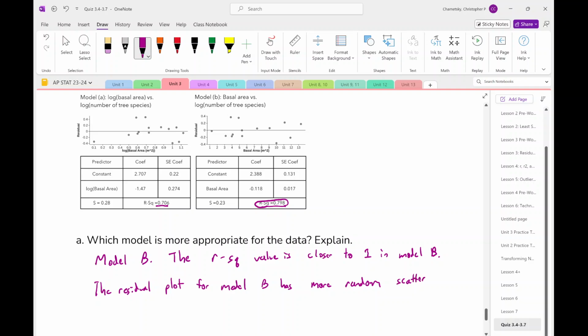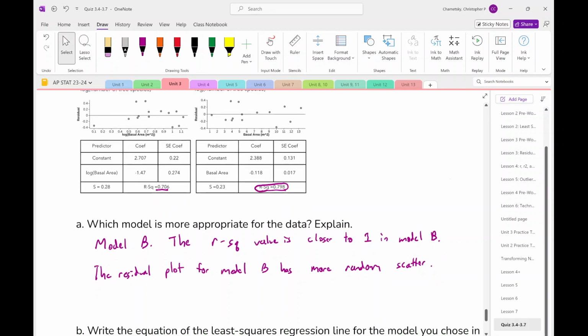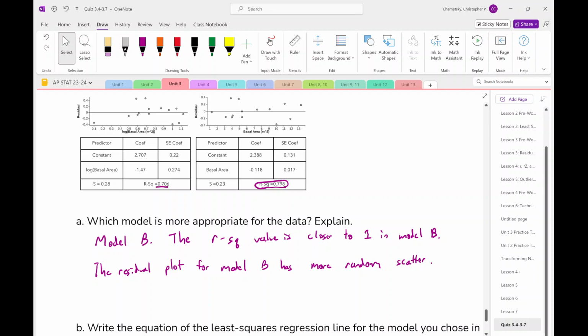So even though Model A doesn't really have much of a curved pattern or anything like that, there's just more randomness in the residual plot for B.